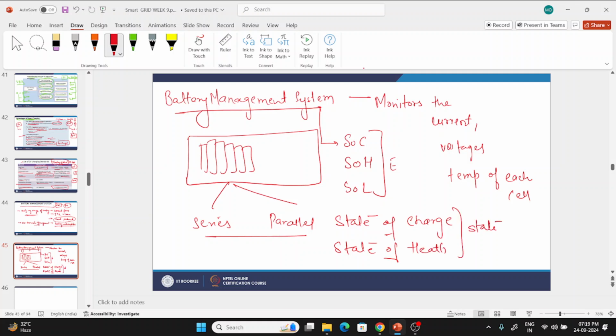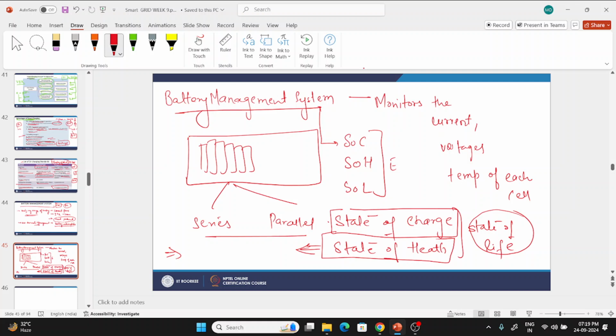State of life. State of charge tells you how much energy you can use. State of health tells you about the health of the battery, how it is deteriorating over a period of time. And state of life, based on these two, will tell you how many years this battery will last.